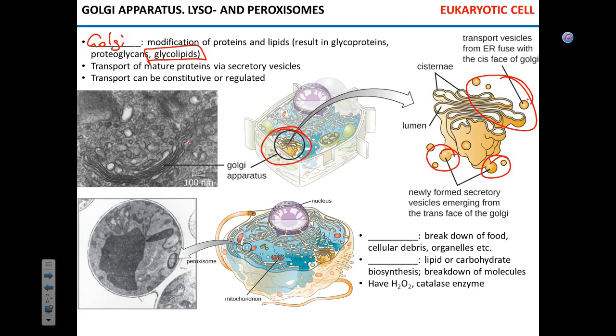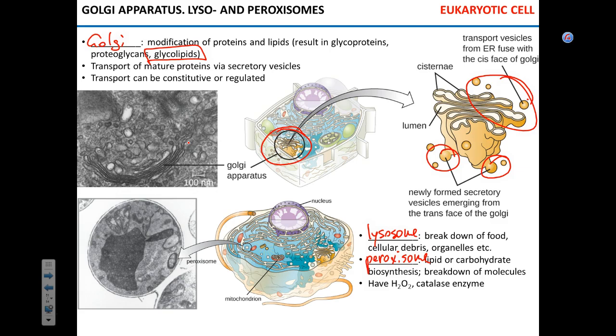Now, two other vesicles, bubbles, that can be found in eukaryotic cell are lysosomes and peroxisome. Lysosome does lysis. Make sense?